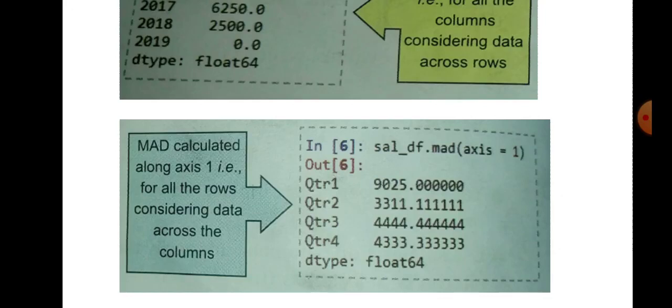So along QTR1, QTR2, QTR3, QTR4, all mean absolute deviations will be found. First of all we have to find the deviation, and then we take the mean value. That is why it is called the mean absolute deviation.